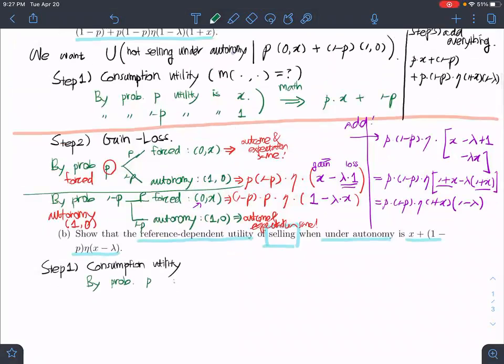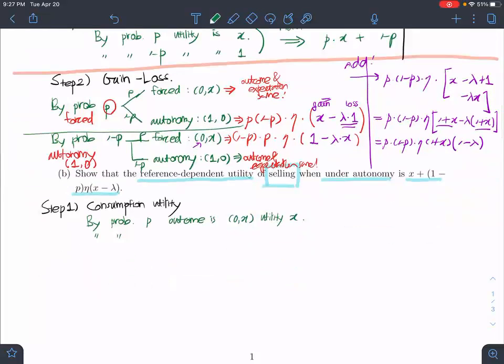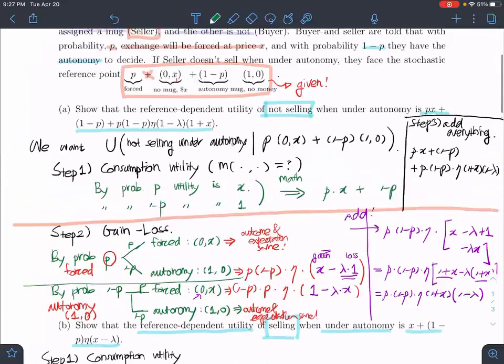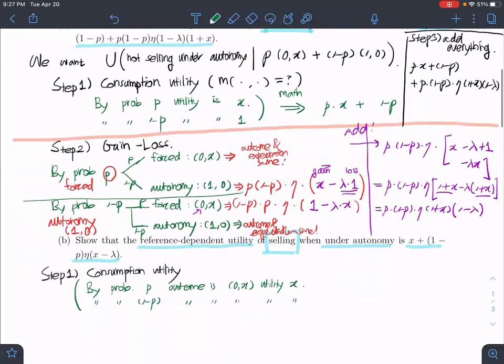So the outcome is 0 and X, and my utility in this case will be X. The two dots mean the same as the line above. By probability 1 minus P, my outcome is 0 and X, and the utility value is the same, X.